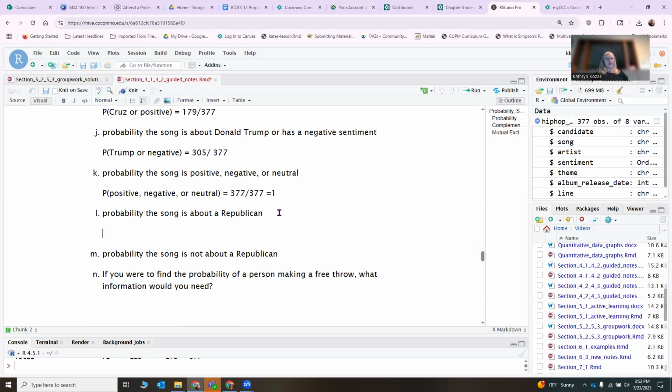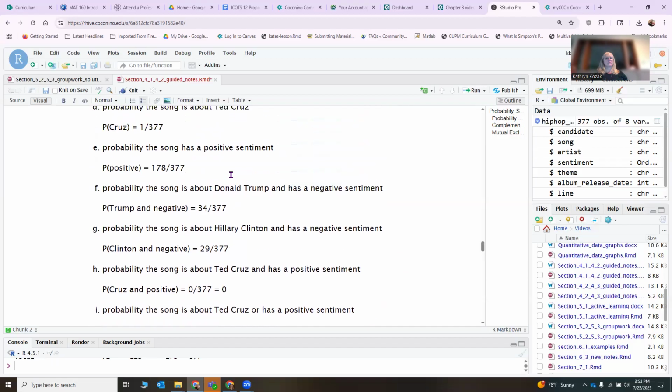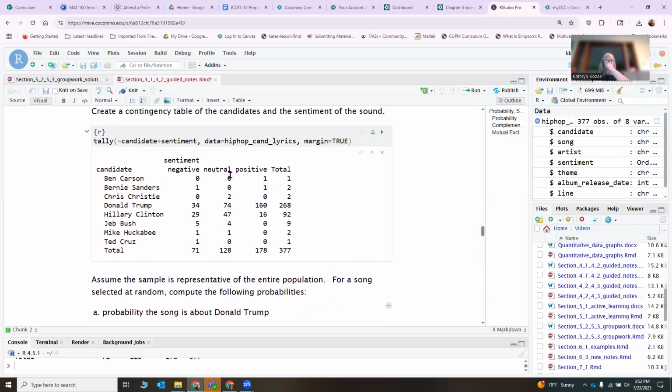Let's look at the probability that the song is about a Republican. So that means we need to know who the Republicans are. Ben Carson was a Republican. Chris Christie was a Republican, so that's 3. Donald Trump was a Republican, so that's 268. Jeb Bush was a Republican, so that's 9. Mike Huckabee was a Republican, so that's another 2. And Ted Cruz is a Republican, so that's 1.